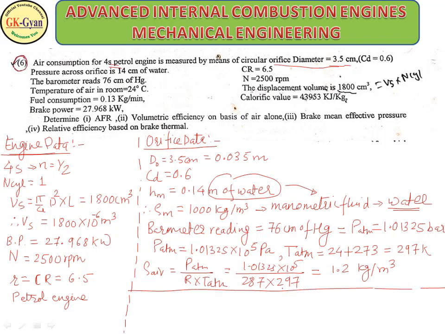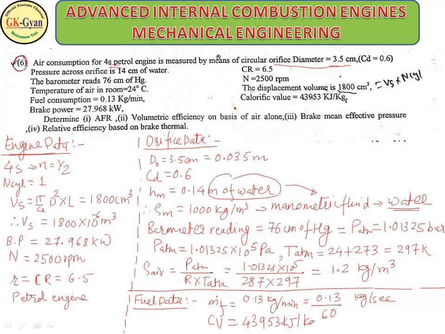Now find out the fuel data: calorific value and fuel consumption m dot f first. It is given as 0.13 kg per minute, which is nothing but 0.13 divided by 60 kg per second, and CV of fuel is given as 43953 kilojoule per kg.